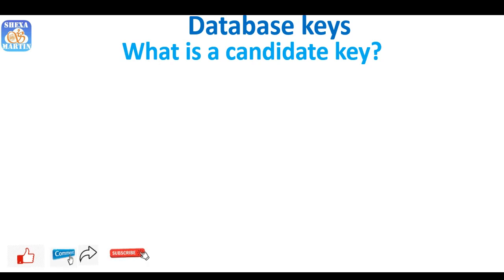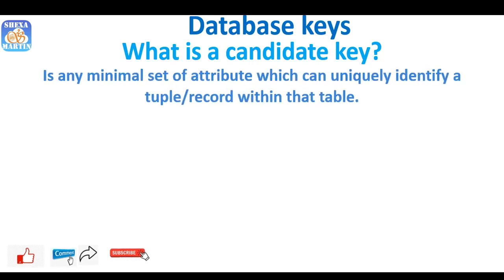So here is the formal definition of what a candidate key is. A candidate key is any minimal set of attributes which can uniquely identify a tuple or record within a table or relation. Here are the properties of a candidate key.